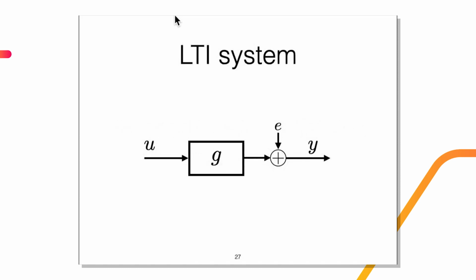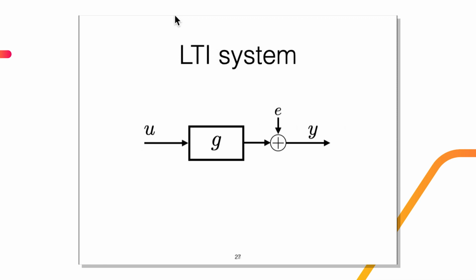We're going to talk about transfer functions of linear time-invariant LTI systems. I'll denote it in this way. U is the input, G is the impulse response, E is some additive noise on the output.